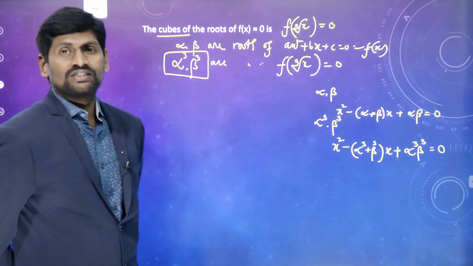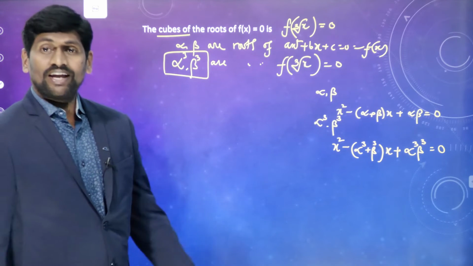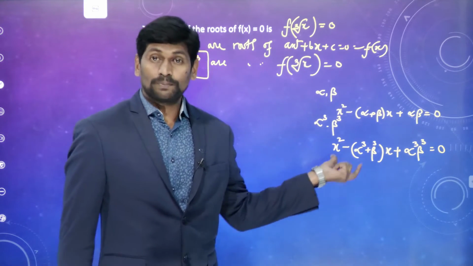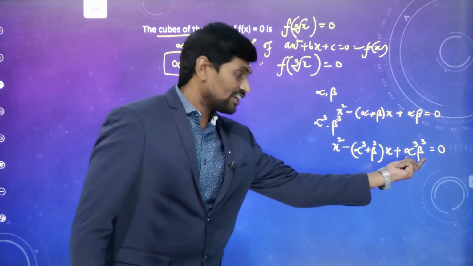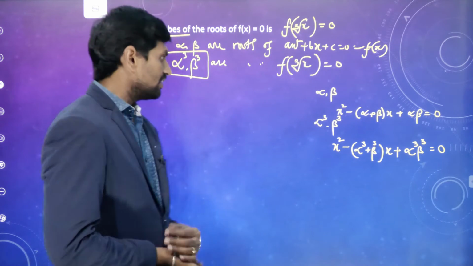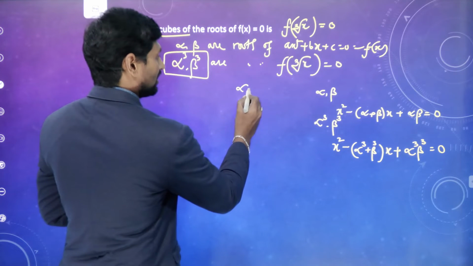That means, first of all, we need to find the value of alpha cube plus beta cube, and alpha cube into beta cube. Okay?